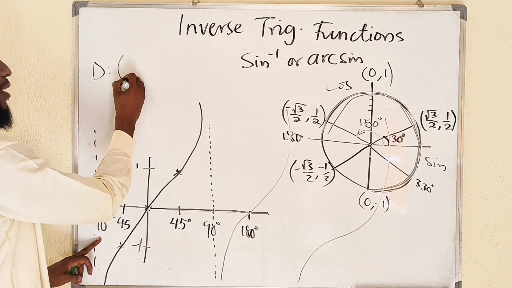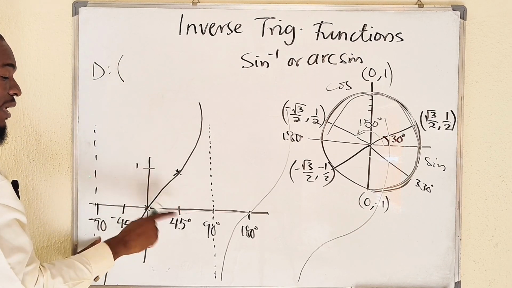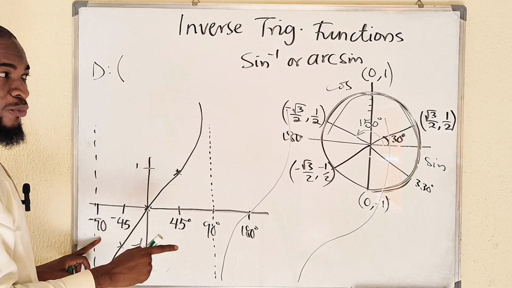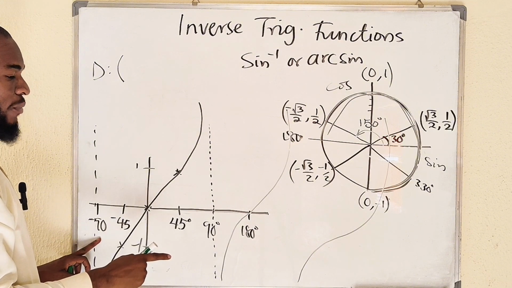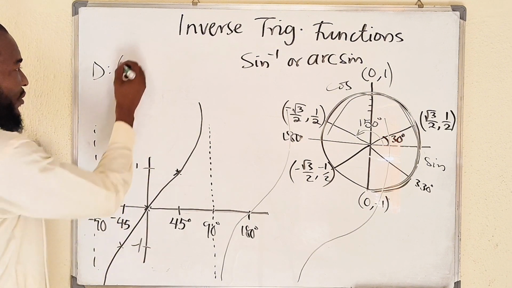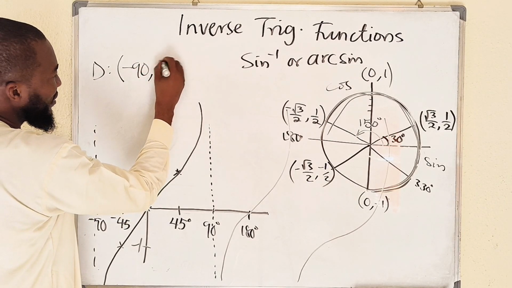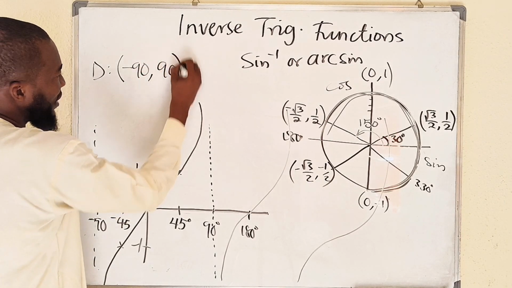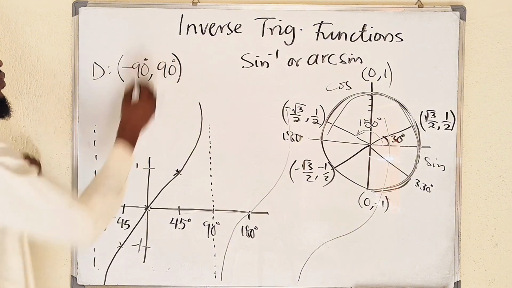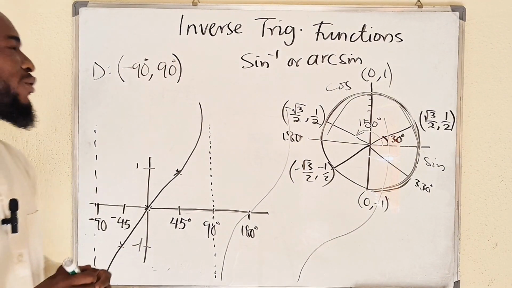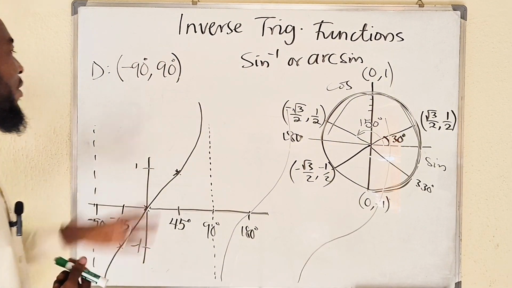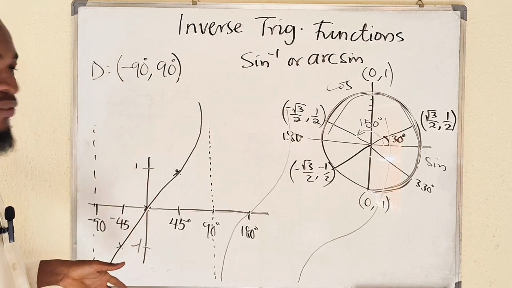We should know that negative 90 and positive 90 would not be included because it is undefined at that point. So it will be from negative 90 to positive 90 degrees, or from negative pi over 2 to positive pi over 2. So this is the domain after being restricted.